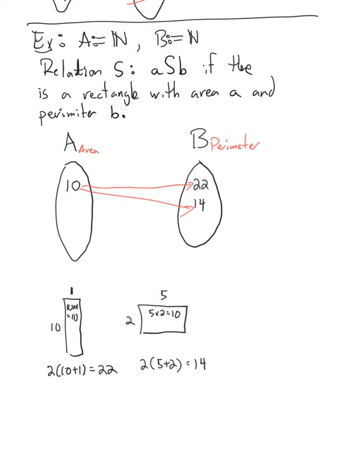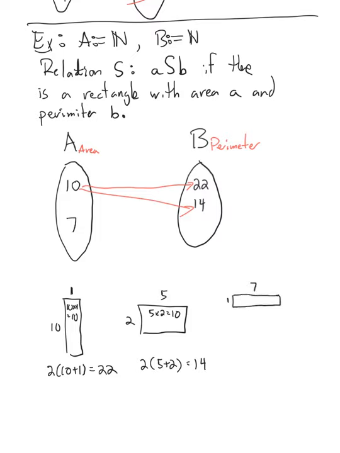What about something like 7? What's 7 related to? Well, if you think about it, the only type of rectangle you can make that has area 7, where the lengths of the sides are whole numbers, is 1 by 7, or 7 by 1.